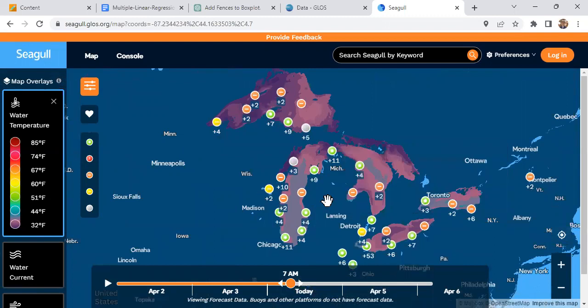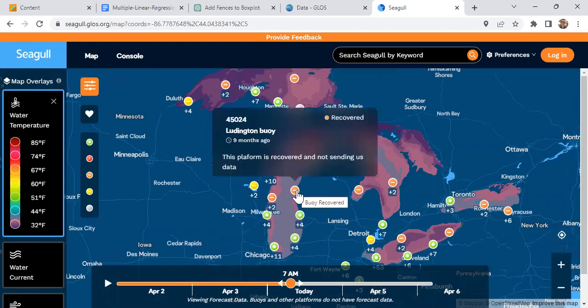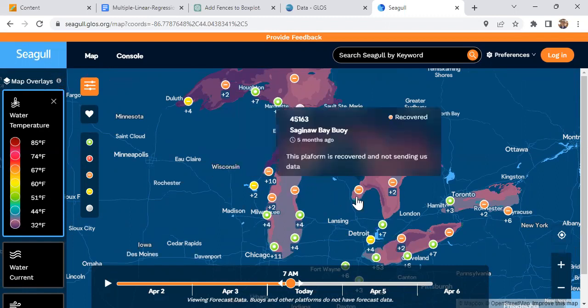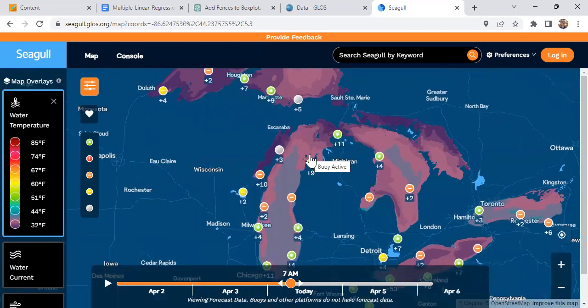And the green buoys, I think, are active right now, but there are some that they recover at the end of the year when it freezes over so that the buoy doesn't get damaged. So they still haven't put all of them out yet, but eventually they'll have many, many more buoys. And it's kind of cool because you get this whole network where you have lots of data being collected all the time. And so there's a lot of possibilities for what to do with that, right?